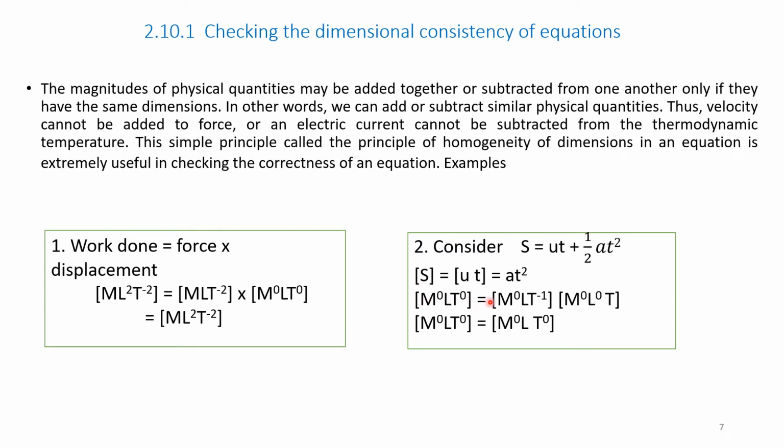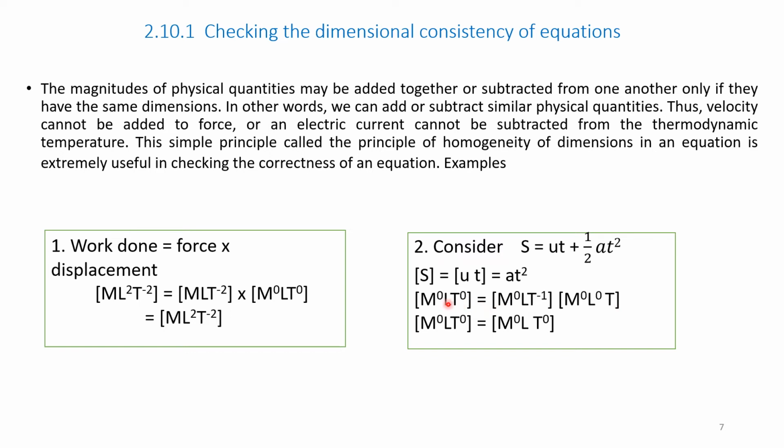That is equal to u, which is velocity: mass M is 0, length is L, and T to the power of minus 1. These are the dimensions of u, and dimensions of t are M⁰ L⁰ T.